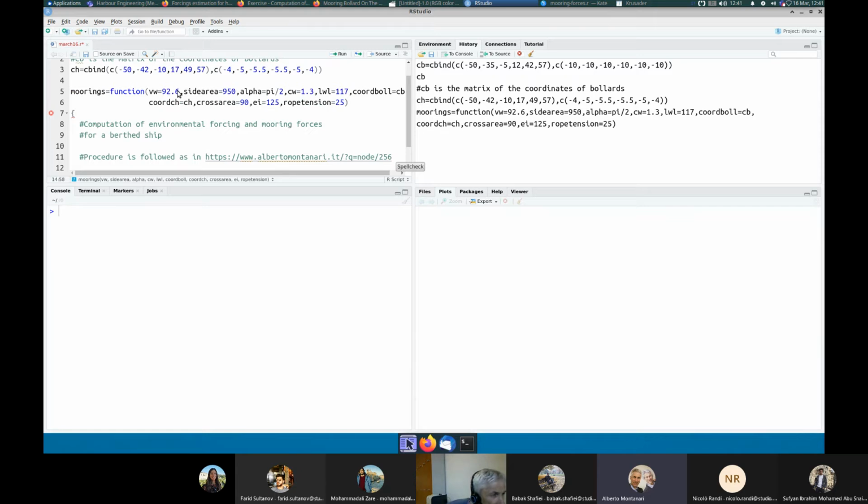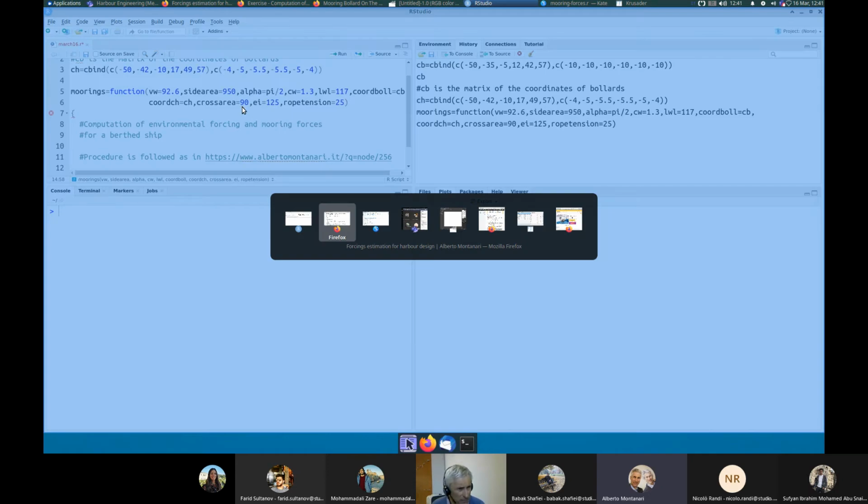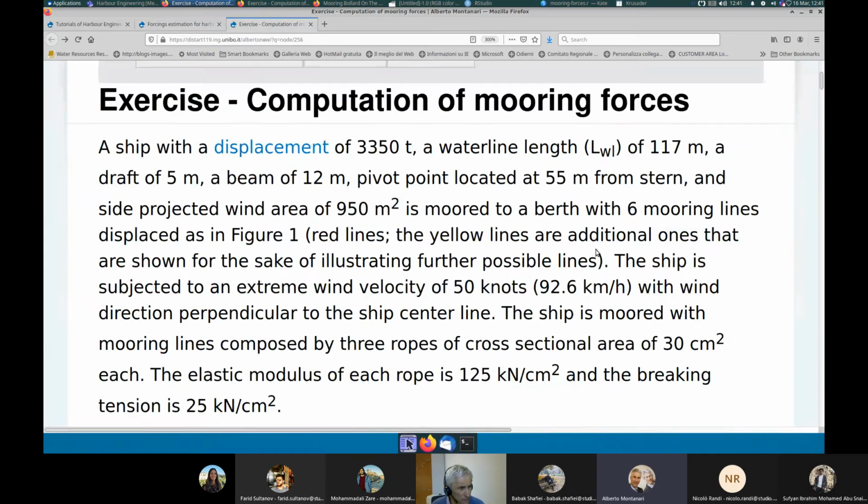Wind velocity is in knots, and it's given. Let's look at the exercise. It's given by 92.6 kilometers per hour. So it's a conversion factor, because I need to translate kilometers per hour into meters per second.